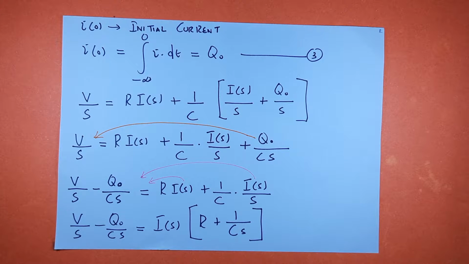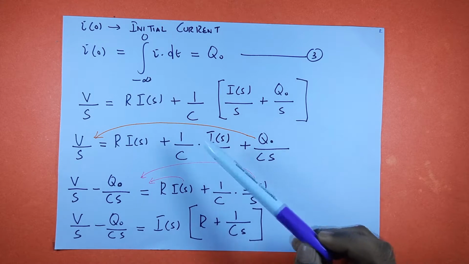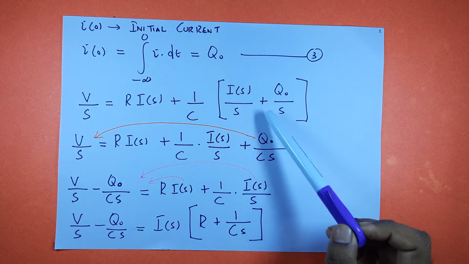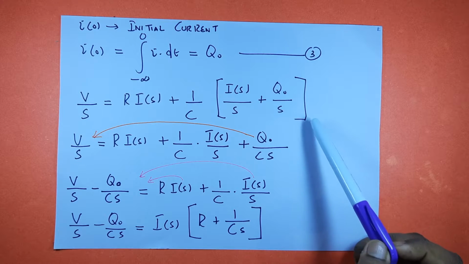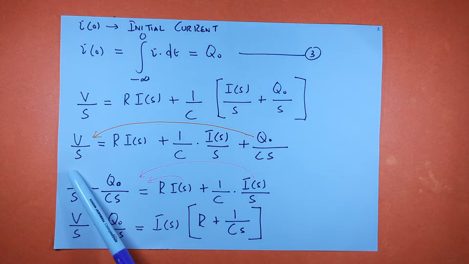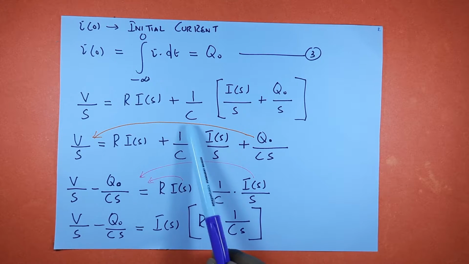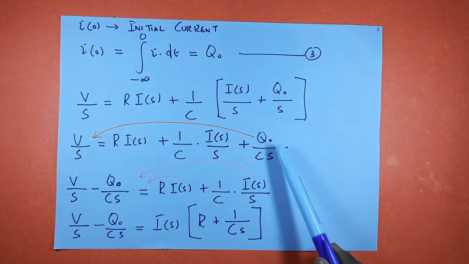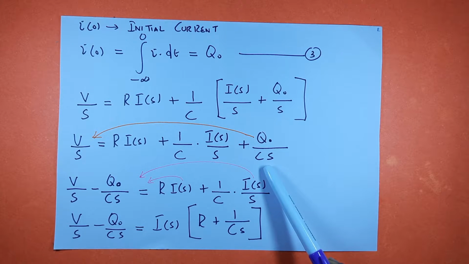Now substitute equation 3 in equation number 2. So you can write equation number 2 like this: V by S equal to R into I(s) plus 1 by C I(s) divided by S plus Q naught by S. V by S equal to R into I(s), just multiplying inside, plus 1 by C I(s) divided by S plus Q naught divided by CS.